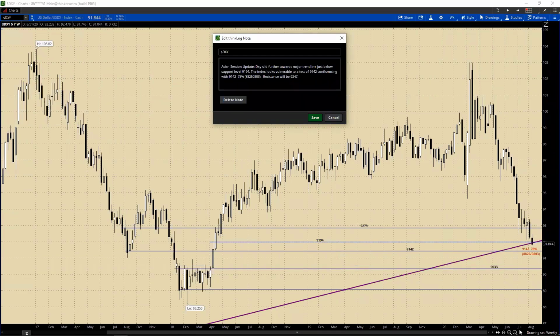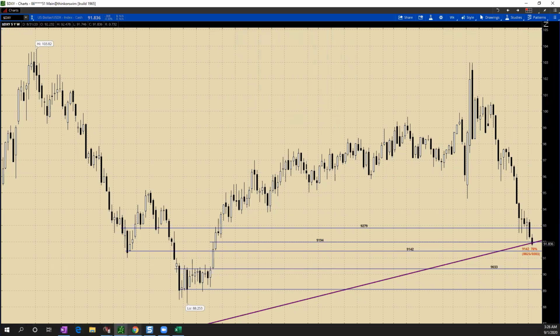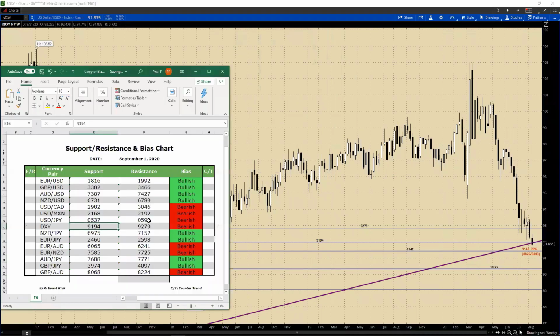The index looks vulnerable to a test of 91.42, confluencing with the 78%, which we detailed at the beginning of the show. Resistance will be 92.47. So this held yesterday, but that was yesterday.